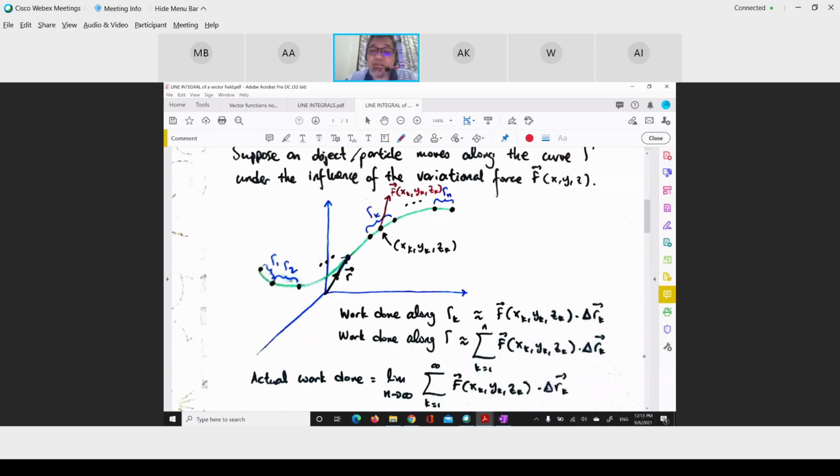We have a point here, from here to here, the position vector here to this position vector here. So the displacement vector is approximately this one here. This is what is called delta rk.